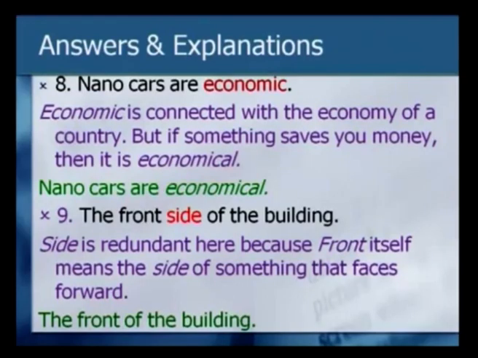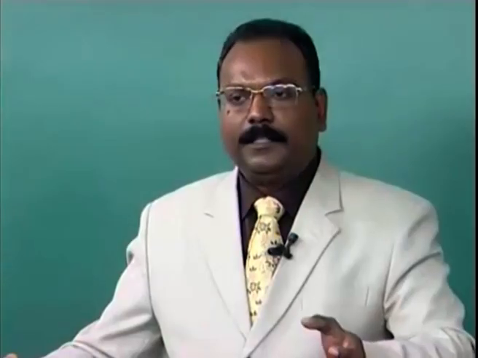Let us go to the next one, the front side of the building. Now, one more common error that we often commit is with regard to excessive use of words, redundant use of words. Redundancy means you can minimize the number of words used in a sentence.